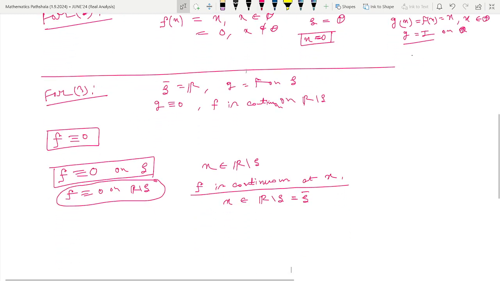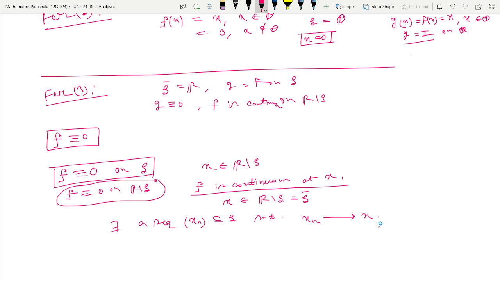So as this x belongs to S closure, there exists a sequence xn contained in S such that this xn converges to x.